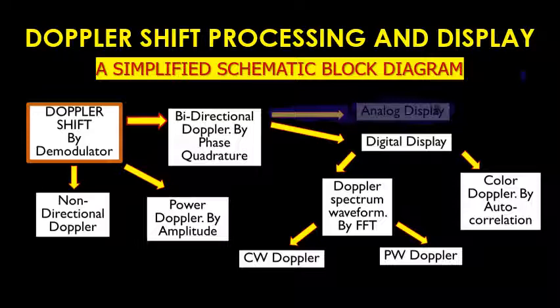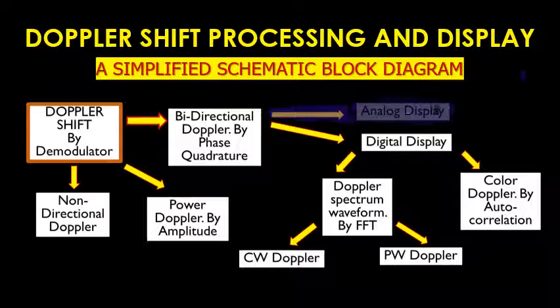The other technology that could be used is the fast Fourier transform, which gives us a spectral waveform, the famous one that we use to measure velocities. This could be operated with either a pulse wave Doppler transducer or a continuous wave Doppler transducer, so we have two operating transducers using this fast Fourier transform.